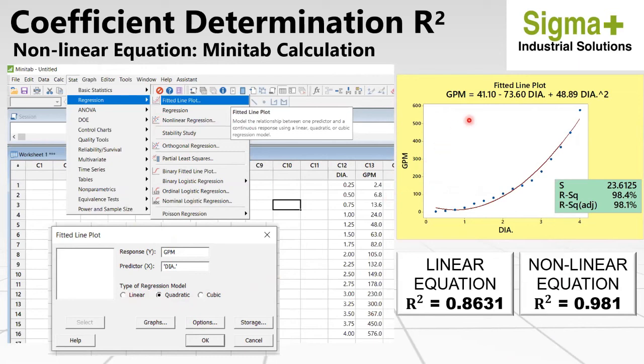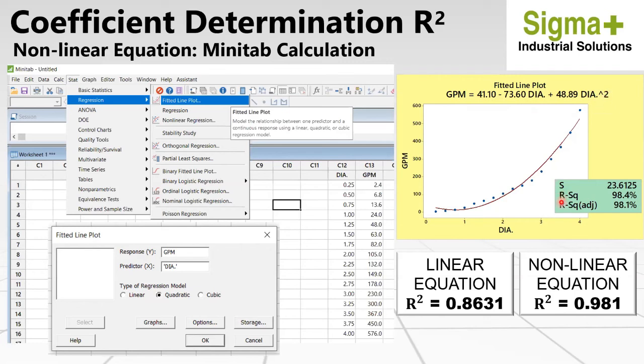And from the quadratic equation, we will see our non-linear equation, which is the GPM, gallons per minute, equal to 41.1 minus 73.6 multiplied by the diameter plus 48.89 multiplied by the diameter to the power of 2.